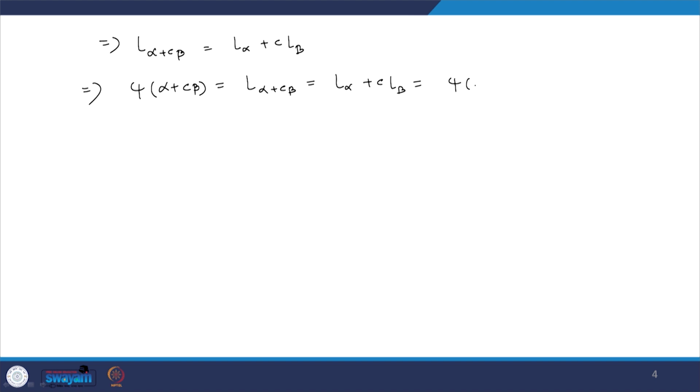So, this implies that L of alpha plus c beta equals L alpha plus c times L beta. So, psi of alpha plus c beta equals L of alpha plus c beta, which equals psi of alpha plus c times psi of beta.